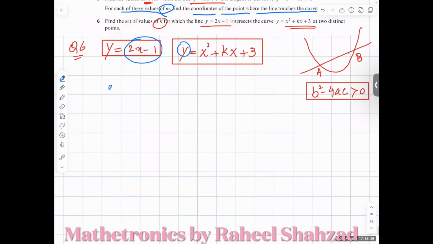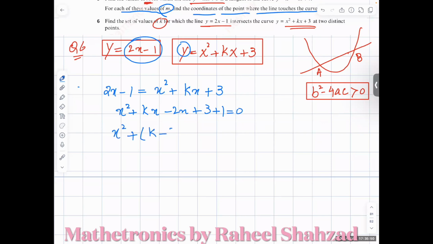Now we have 2x minus 1 is equal to x square plus kx plus 3. So we have x square plus kx minus 2x plus 3 plus 1 is equal to 0. So that gives us x square plus (k minus 2)x plus 4 is equal to 0.